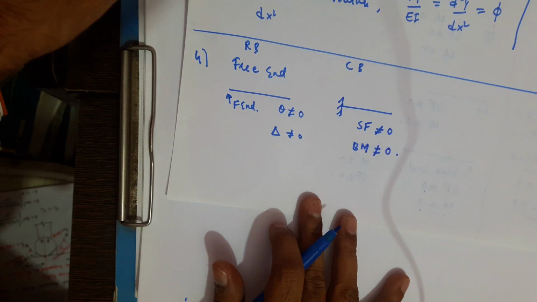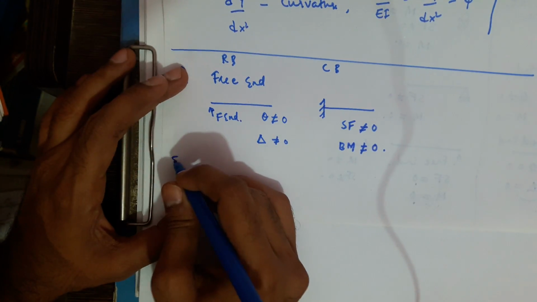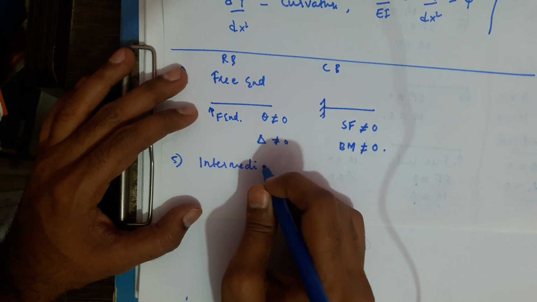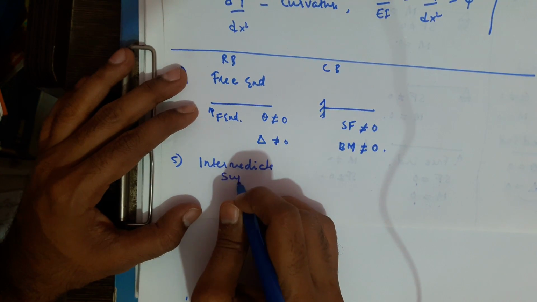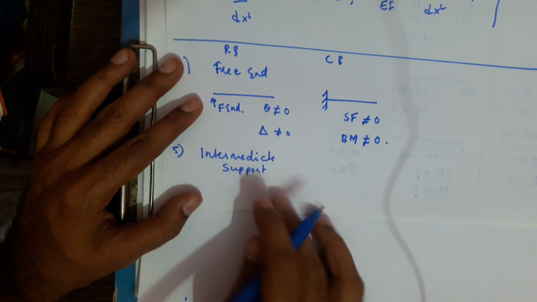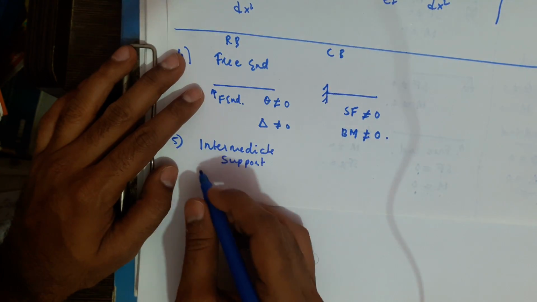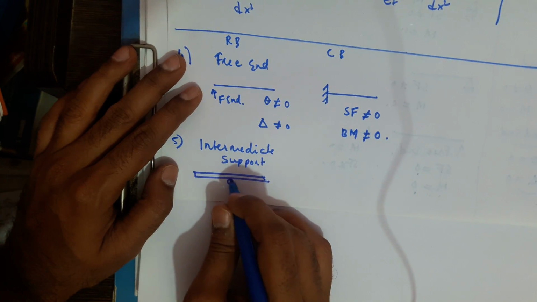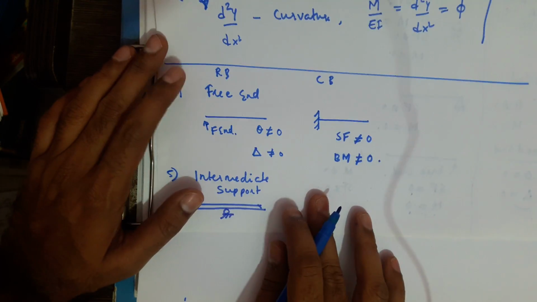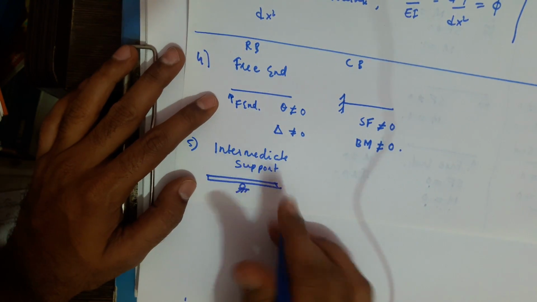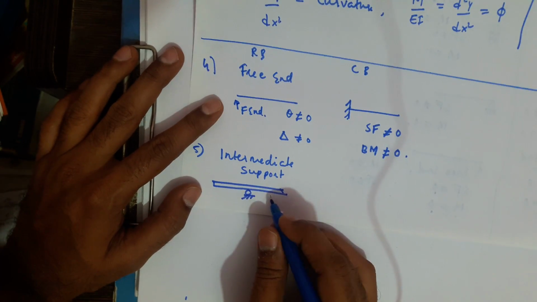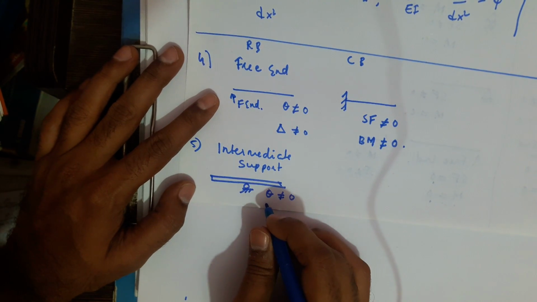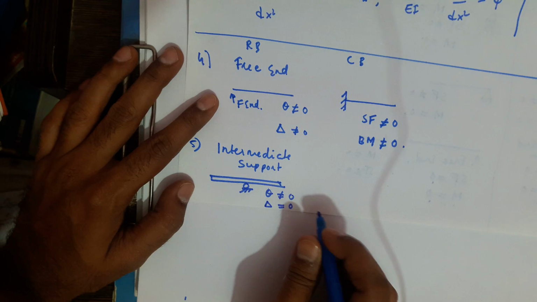Then we have an intermediate support, or you can say an interior support, which is common in the case of a continuous beam. An intermediate support, like this support here, may be a roller or hinge. At an intermediate support, slope is not equal to 0, but deflection delta is equal to 0.